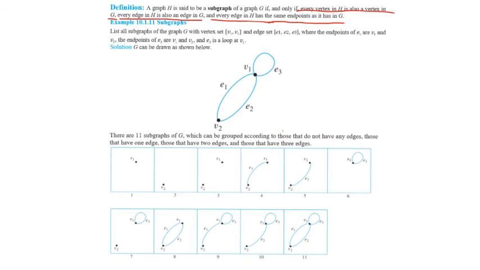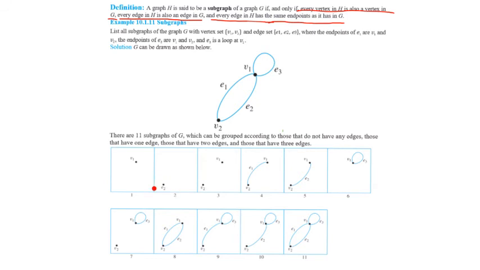In this figure, as you see, we have a graph of vertex size 2 and edge size 3. The set of vertices are V1 and V2, and the set of edges are E1, E2, and E3. So we have 11 subgraphs for this graph G. In this figure, we can see the first one, which only has V1 and it has no edges.